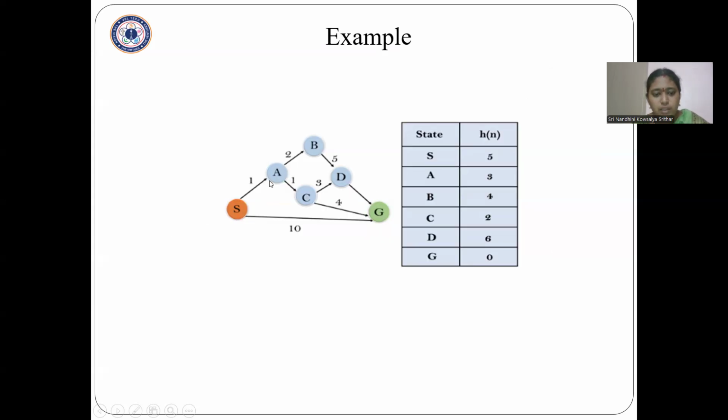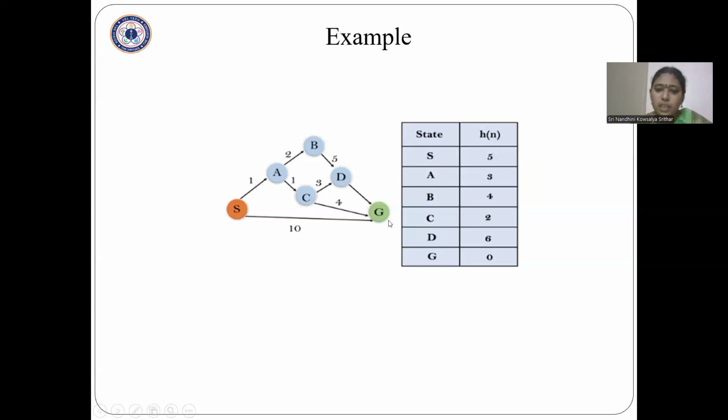From S we have A and G, the goal node. Comparing A and G, we choose A because the path cost is lesser. Then from A to B or C, we are choosing C. Then from C to D or G, we are choosing G.